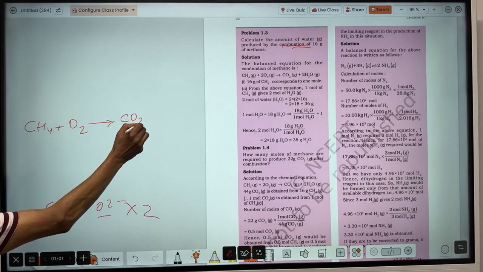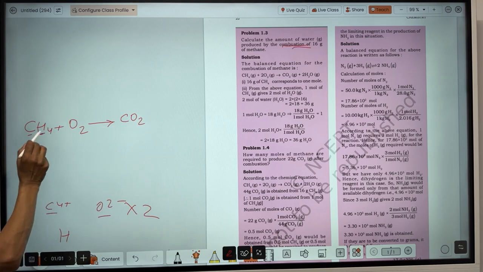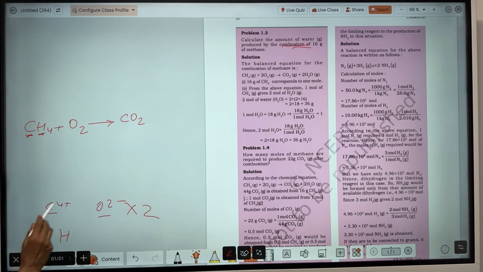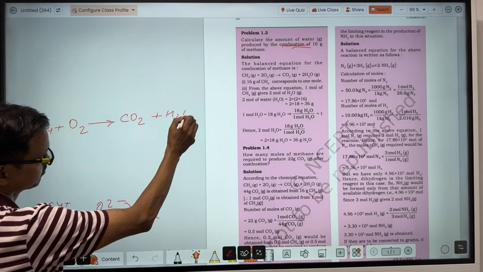So there will be formation of CO2. Same for hydrogen: hydrogen has plus 1 oxidation state, oxygen minus 2, so you will have to make the charge equal. So 2 hydrogen will combine with 1 oxygen, and there will be formation of H2O.